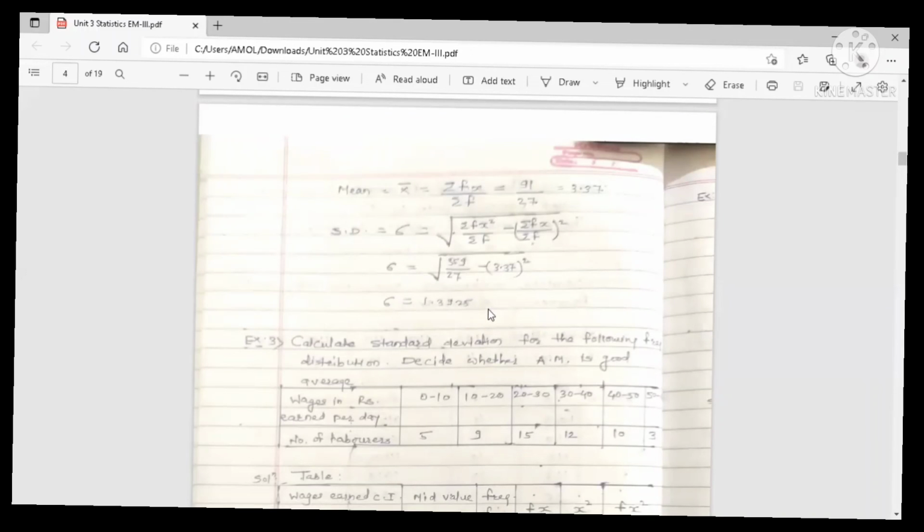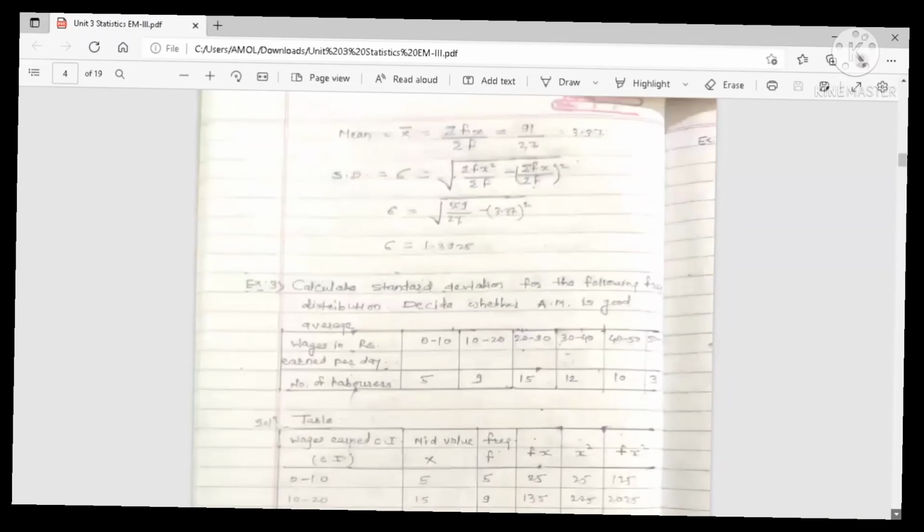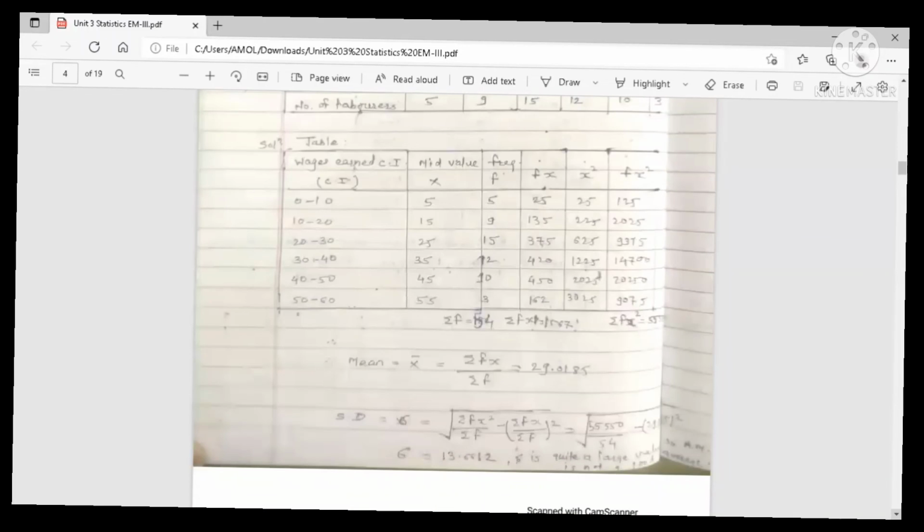It is a small value, so the arithmetic mean is good there. But here in this third example, the arithmetic mean is 29.0185, but the standard deviation is a big value, 13.6612. So it is quite a large value. So arithmetic mean is not a good average. So this is your conclusion.